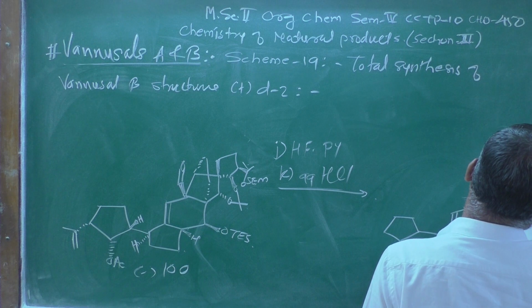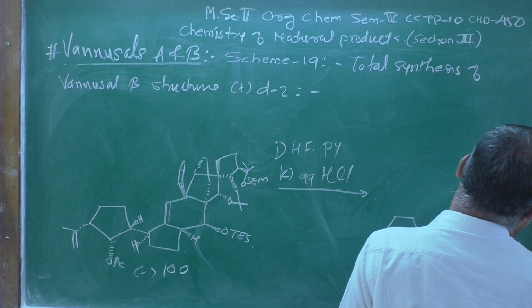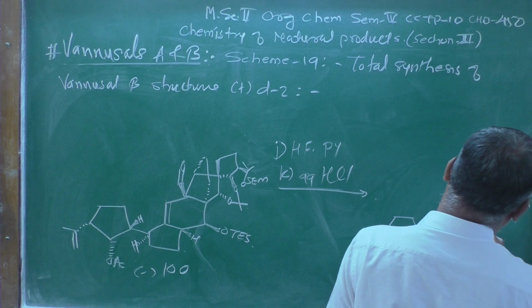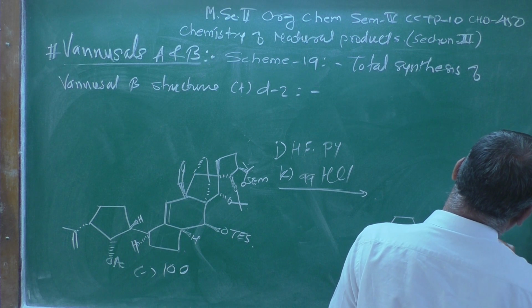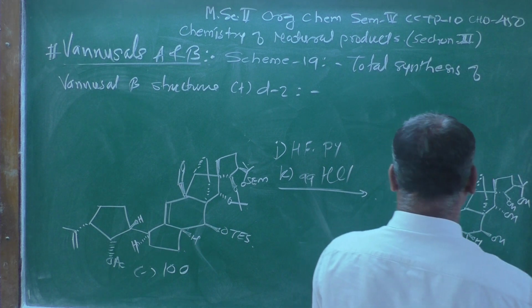So, the isopropyl group should be above the plane. Here the hydroxy group should be above the plane. Here the hydroxy group should be below the plane. Here the hydroxy group should be above the plane. Here the hydrogen atom should be above the plane.